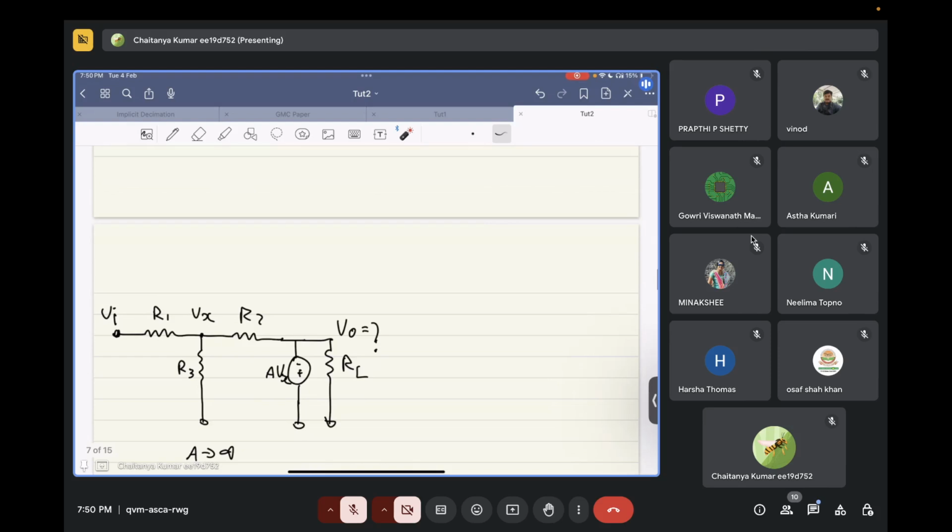Now with the same thing, can you find out what is the gain from input to output in this case? Again, A is going to infinity. Minus R2 divided by R1. Minus R2, but how can you say that this circuit is in negative feedback? What happens if Vx tries to go greater than zero?